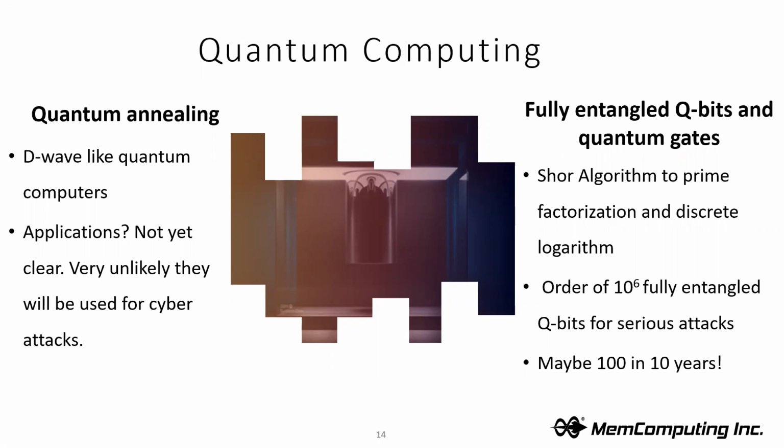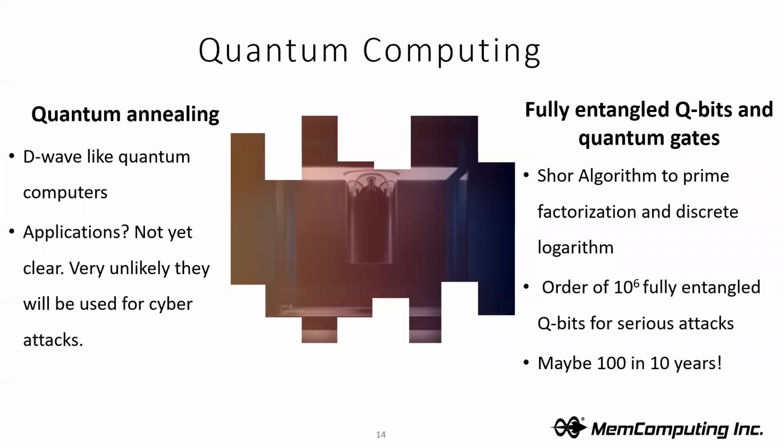On the other side, we have another type of quantum computer, which is what IBM, for example, is building: a system composed of several quantum bits that are fully entangled, which you manipulate using what are called quantum gates.